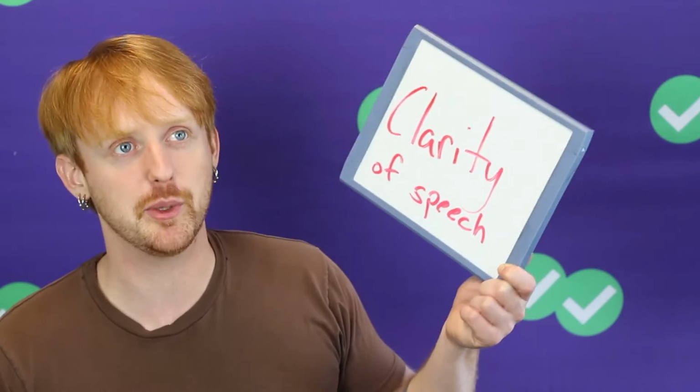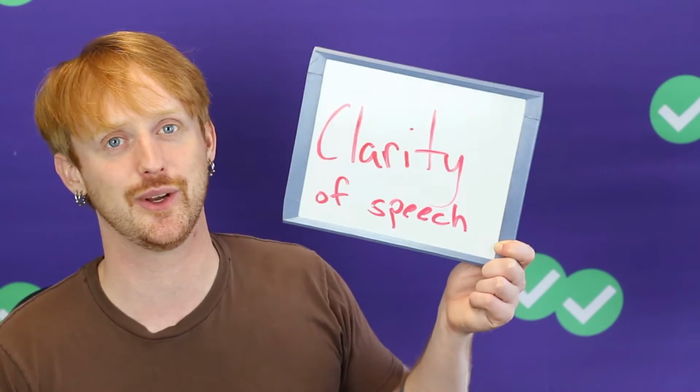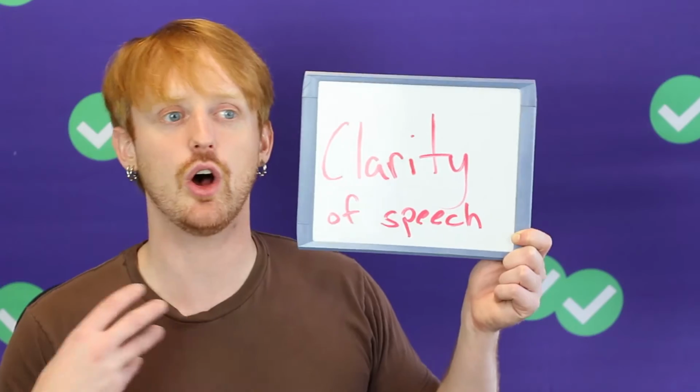Obviously, some people don't speak clearly even in their own language. So this is all about whether you can actually understand the words that they are saying. This is a very big part of TOEFL speaking grading. It is one of the most important parts.